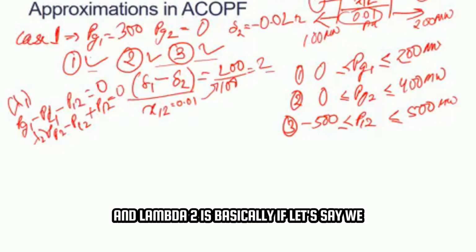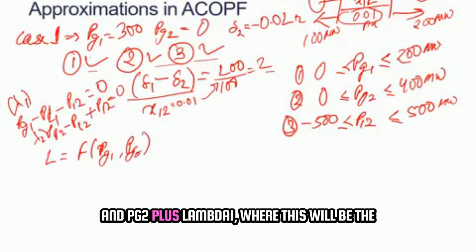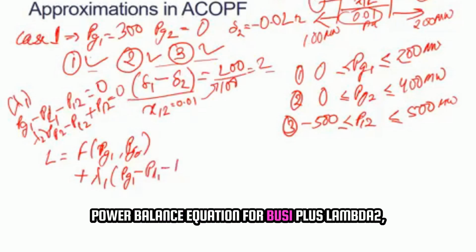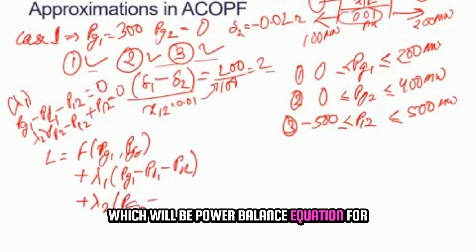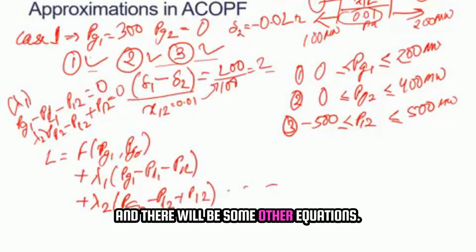If we form the Lagrange function, it will be the objective function, which is a function of Pg1 and Pg2, plus lambda 1 times the power balance equation for bus 1, plus lambda 2 times the power balance equation for bus 2, right? And there will be some other equations.